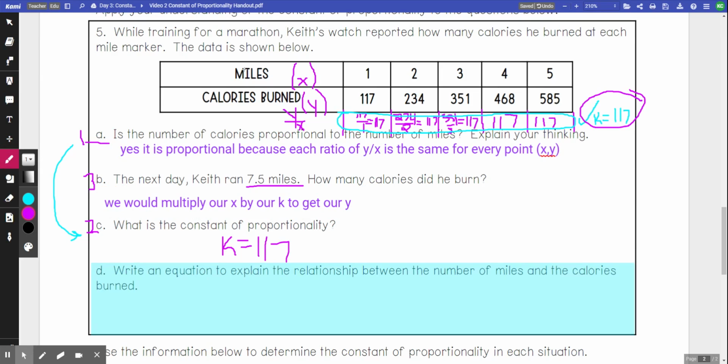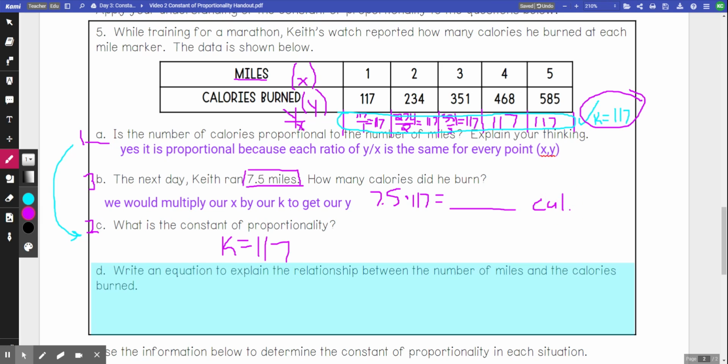Well, we know x is our miles, so we have 7.5 miles, so we would do 7.5 times our k, which is 117, and this would give us our answer of blank calories. I'm just going to put CAL for calories.